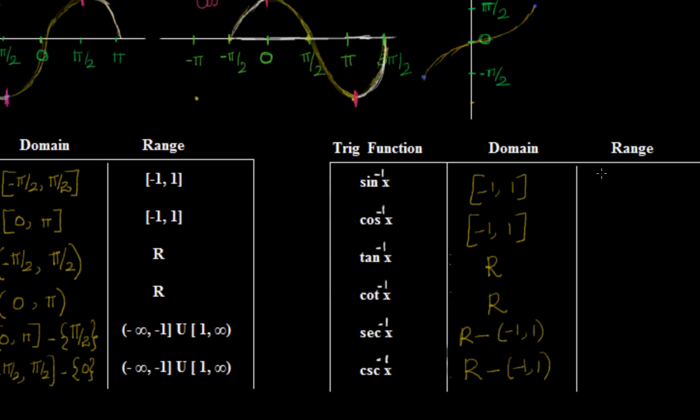Now, the domain of the sine function becomes the range of the sine inverse function, because these are inverse functions. This is a little bit important, so we will do this exercise again. For sine inverse x, the range will be the domain of sine, that is minus pi by 2 to pi by 2. This is crucial. Whenever you apply sine inverse, you will get the angle value only between these.